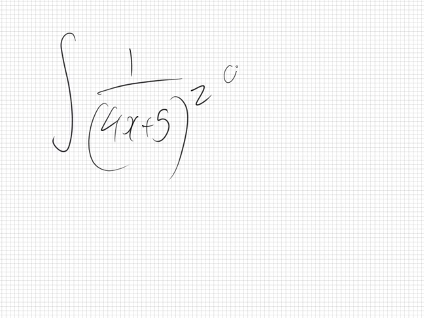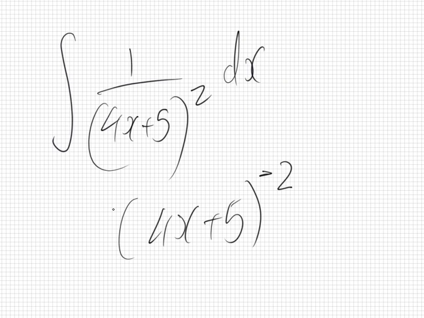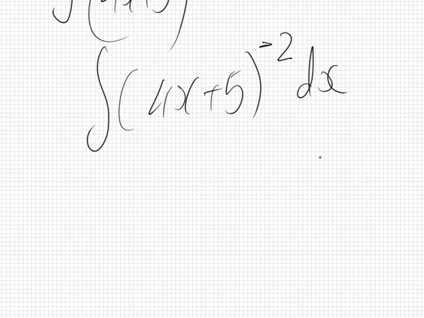Well, it's like this. If I had 1 over (4x + 5) squared, that's the same as (4x + 5) to the power minus 2, isn't it? So then we increase the power. What is the power now? Minus 1.